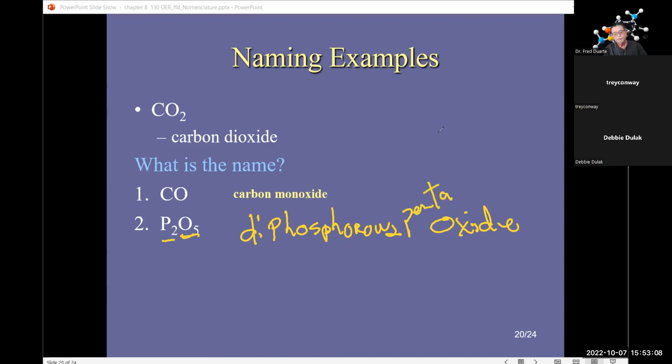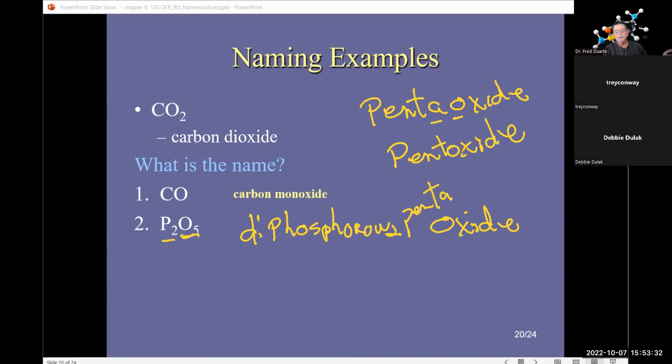Now, from an English perspective, my English teacher will have a fit. You'll see in here, when the penta prefix ends with a vowel, and you're going to attach it to another vowel, you're supposed to drop the A, so it'll be pentoxide. That is technically the correct name.